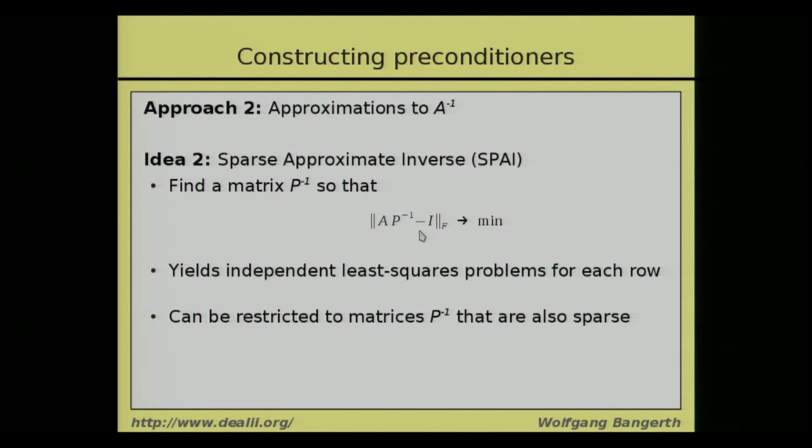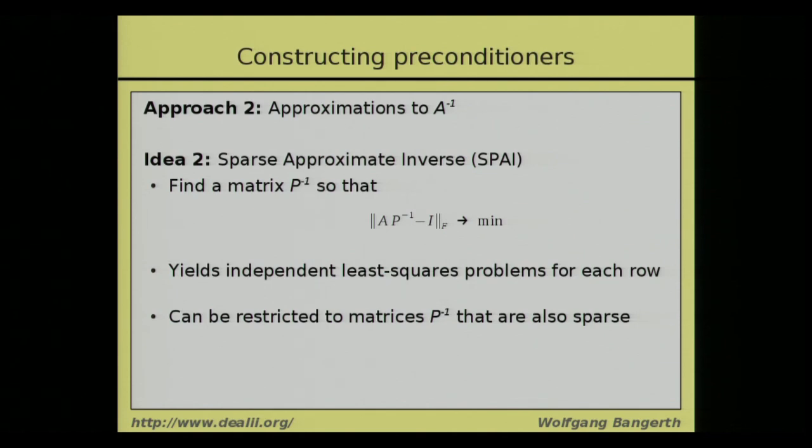If I ask for something to be as small as possible, I need to take a scalar measure of this, because I have matrices here. I need to take some kind of norm, and what I'm going to use is the Frobenius norm. The Frobenius norm is just the sum of squares of the elements of the matrix.